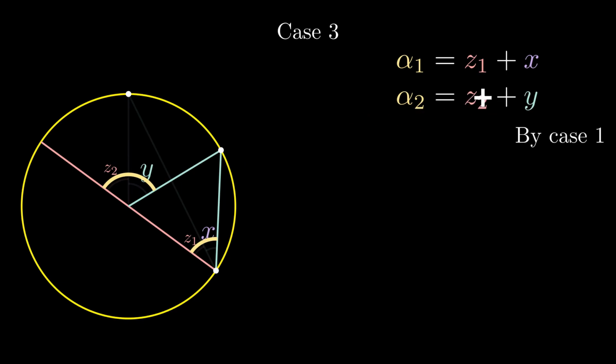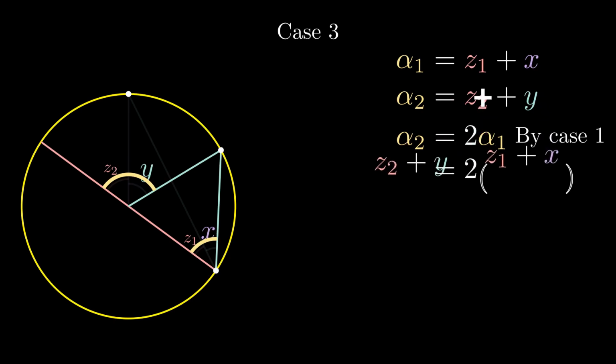And by case 1, alpha 2 will be equal to 2 alpha 1, because we are in the exact situation that we've been in before. And let us get back to the previous notation, and we get that z2 plus y is equal to 2 times z1 plus x.